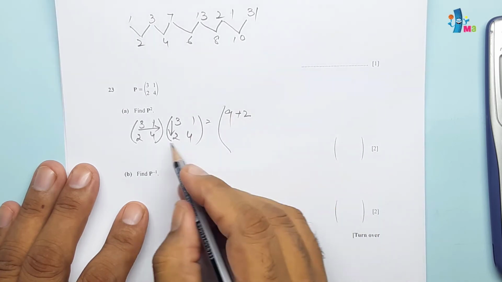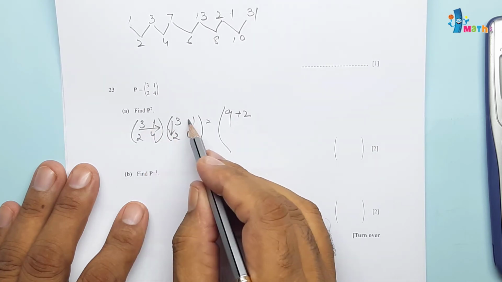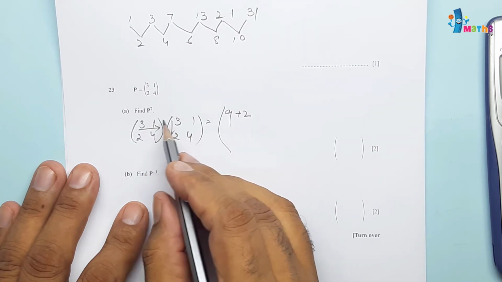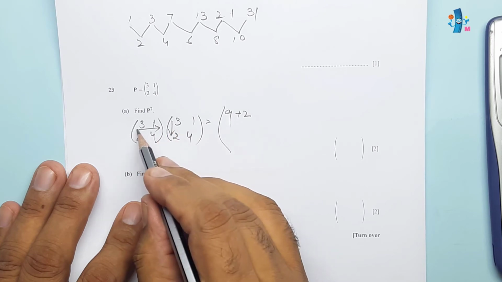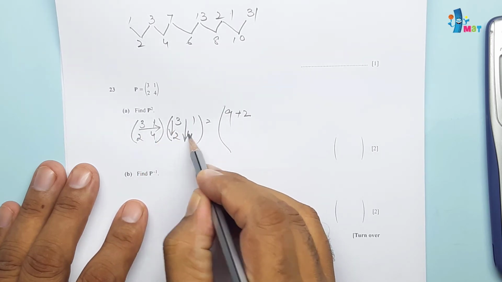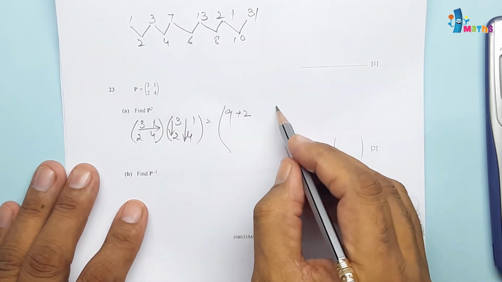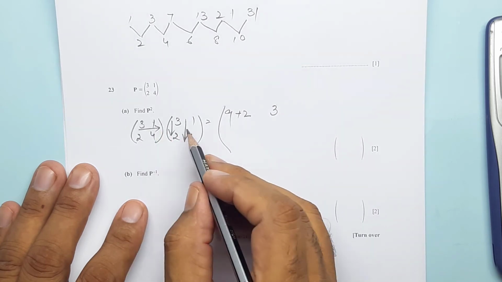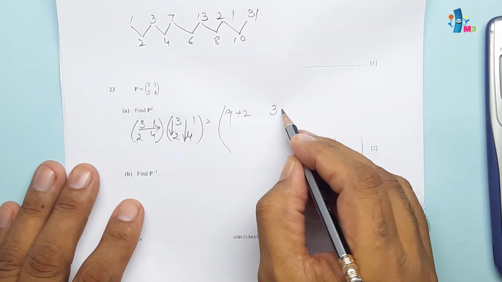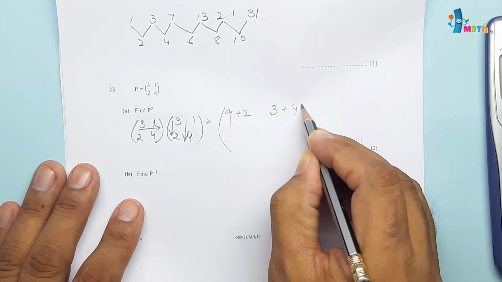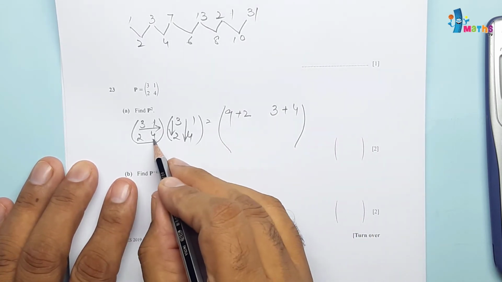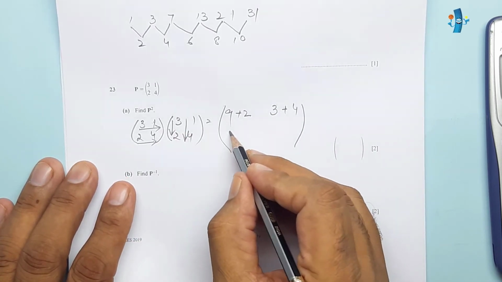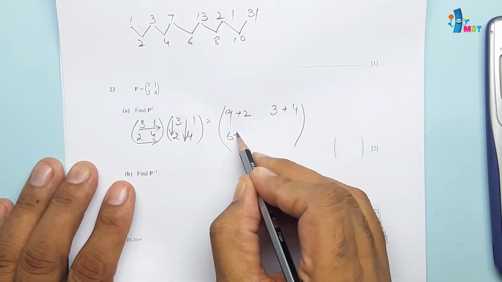Then the second term, first row with second column: 3 into 1 will be 3, and 1 into 4 will be 4, so plus 4. Second row first column: 2 into 3 will be 6, 4 into 2 will be 8, so 8.